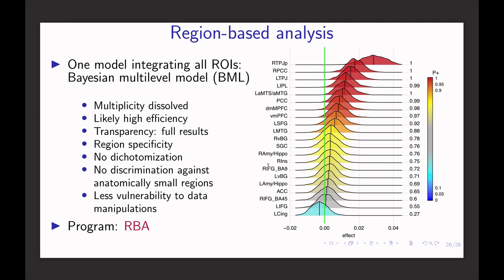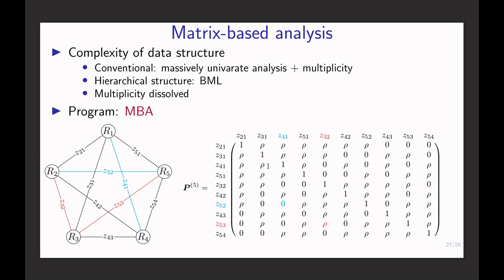You don't need to manipulate the data because, of course, you can vary the number of regions, but the model is adaptive. If you put in more regions, then the prior distribution, the Gaussian distribution, would automatically adapt to the different number of regions. The program is called RBA, standing for region-based analysis. It's already been available for a couple of years. So that's for the region-based approach.